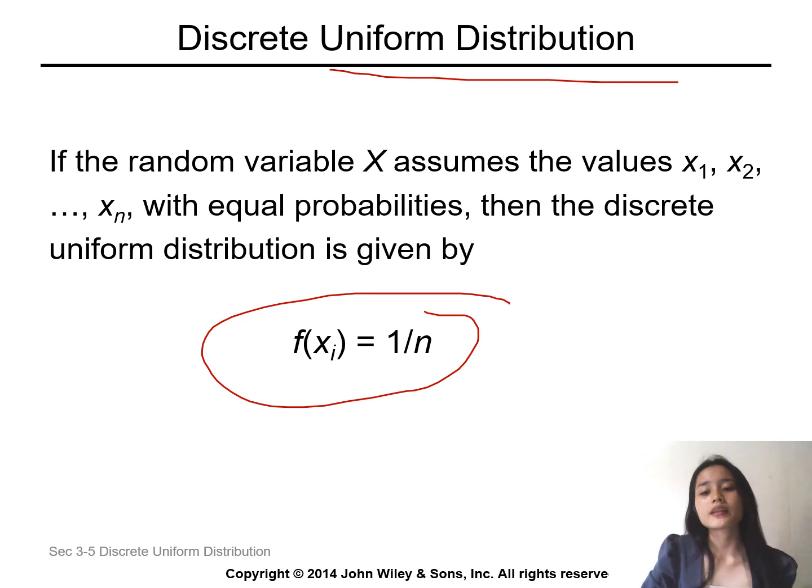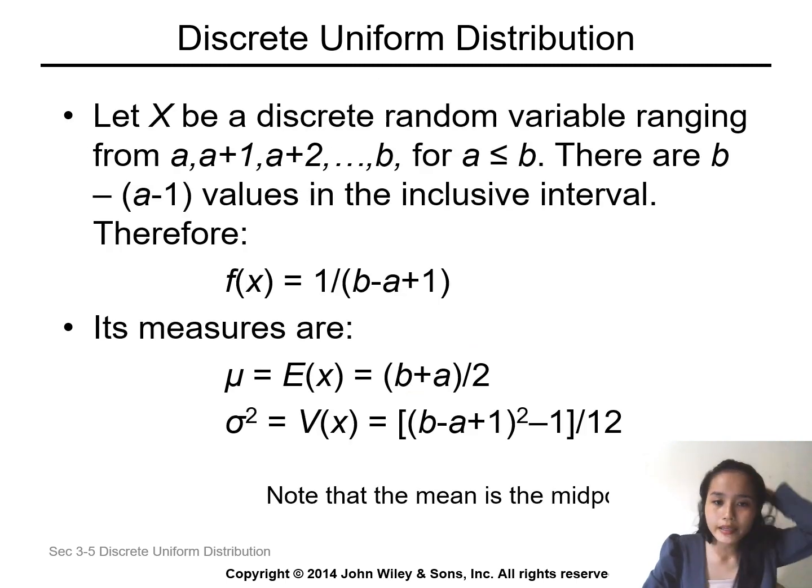For example, let x be a discrete random variable ranging from a plus 1, a plus 2, for a less than or equal to b.